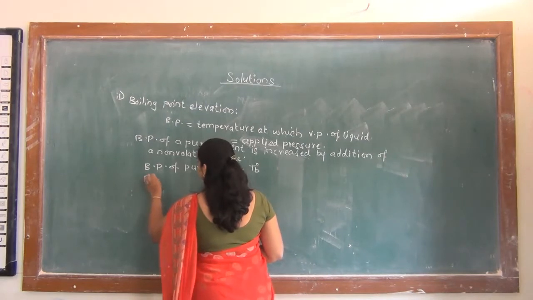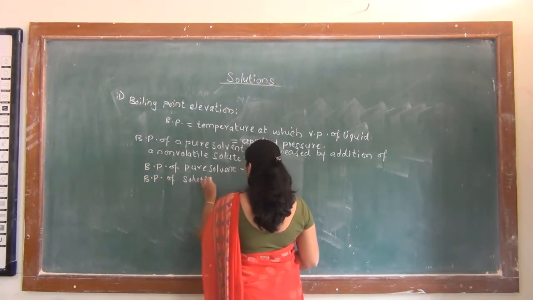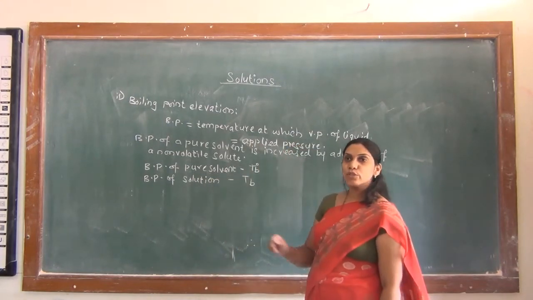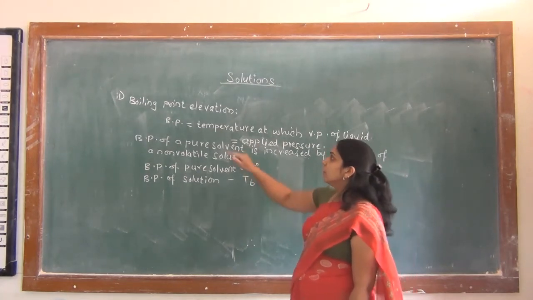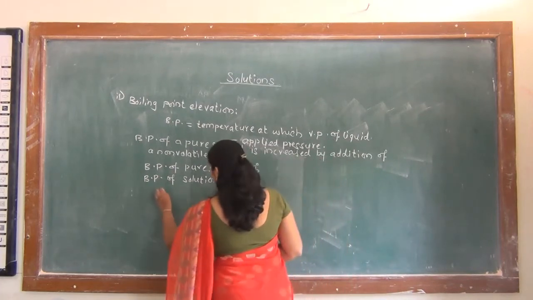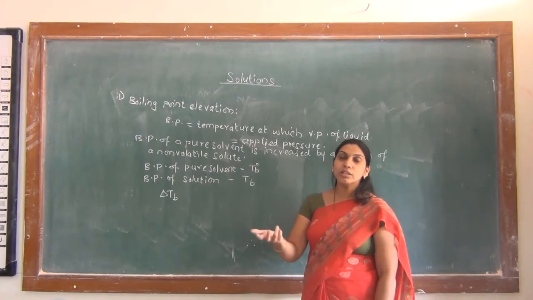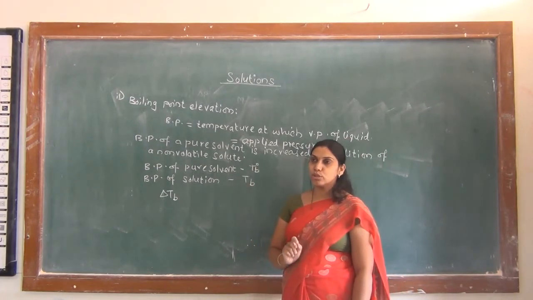Then the boiling point of solution is given by TB. Then boiling point elevation can be given as delta TB, the change in the boiling point by adding a non-volatile solute.